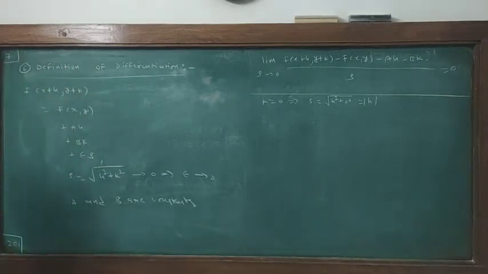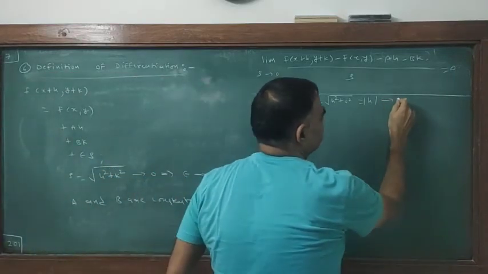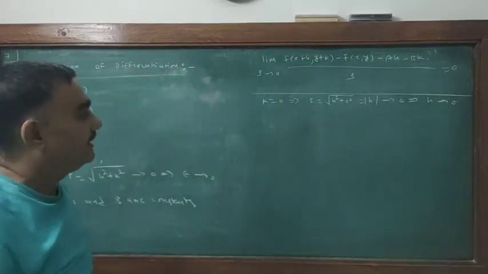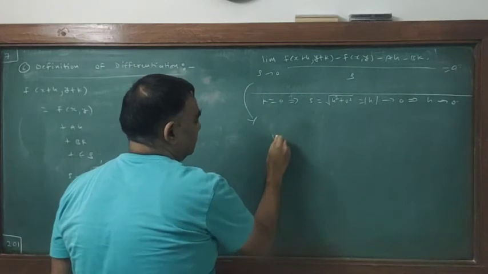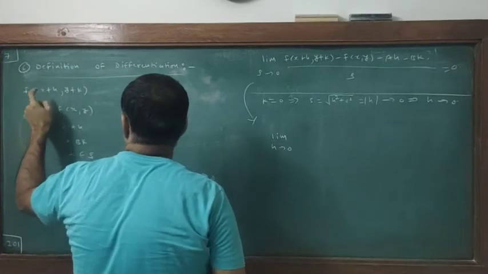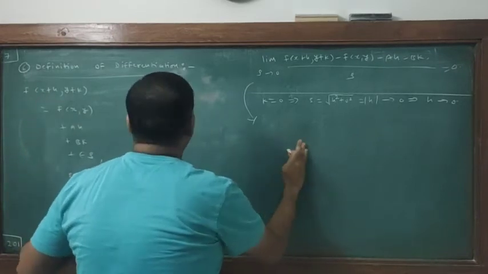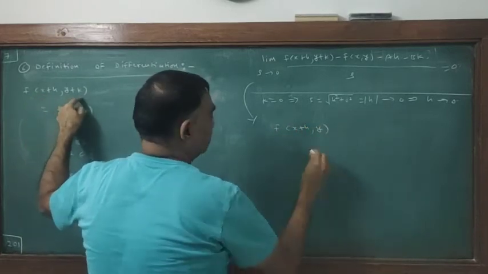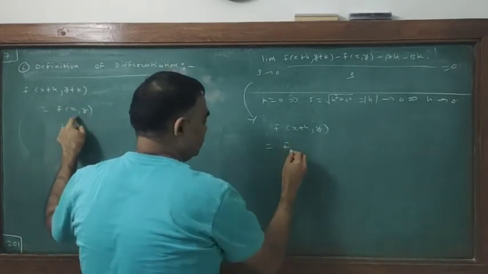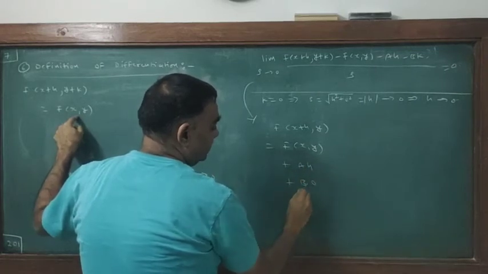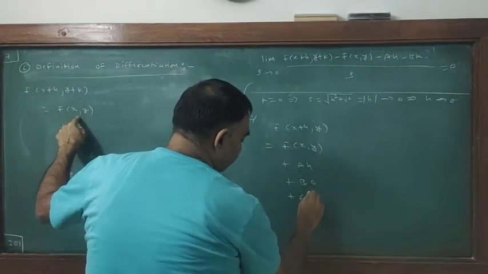Now this tends to 0 implies h tends to 0, obviously. So this definition becomes limit h tends to 0 of f of x plus h, y, because k is 0, equal to f of x, y plus a h plus b into 0 plus epsilon into mod h.